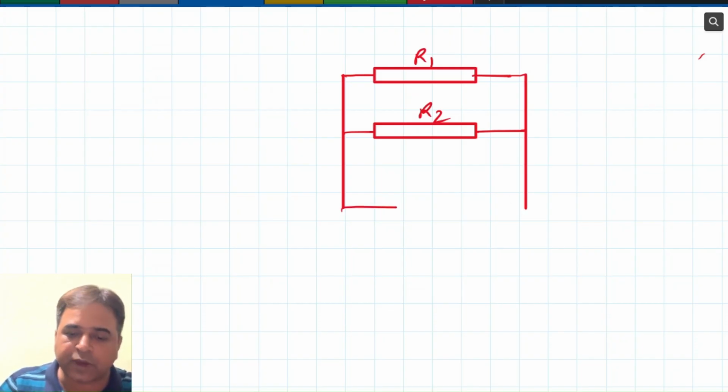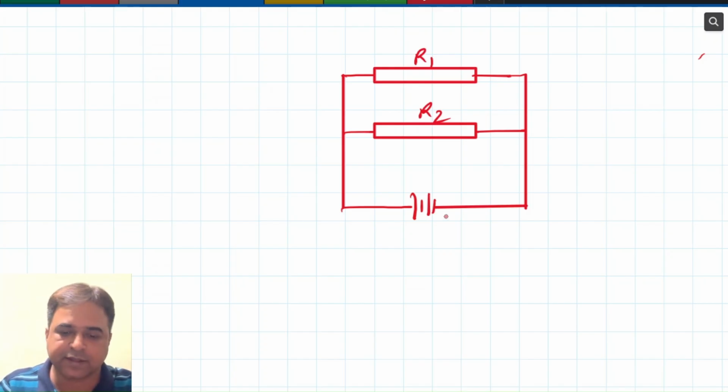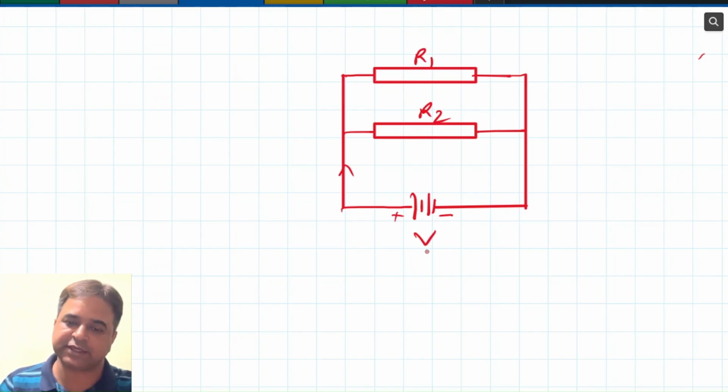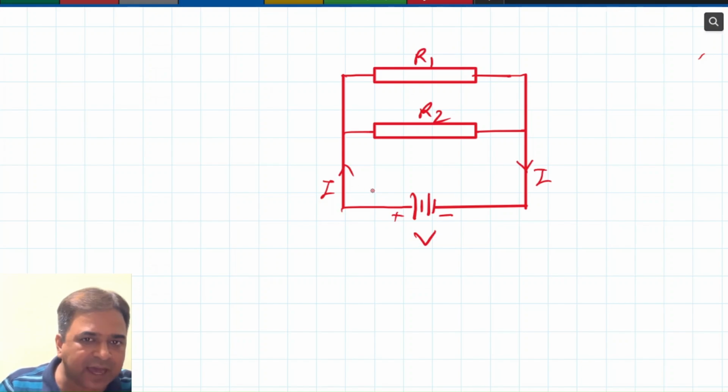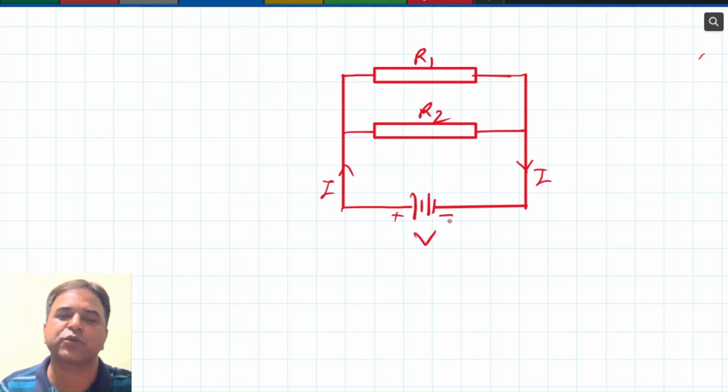We will give power supply. This is the parallel circuit. Okay, positive. Suppose here voltage V is there and electric current I is flowing. Okay, electric current I. Remember, whatever electric current starts, that same electric current is going to end.